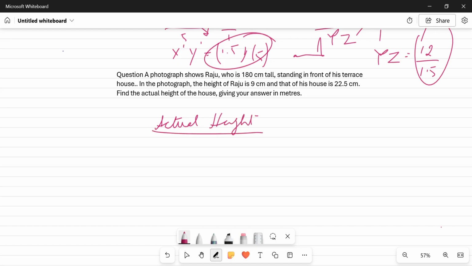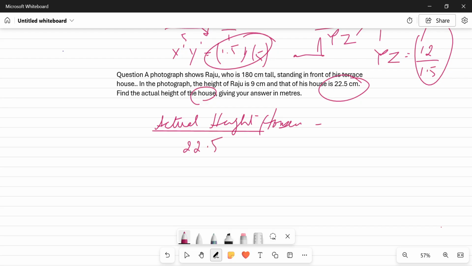Over the actual height, what do we write down? In the previous question, we wrote the corresponding one. Here we are talking about the actual height of the house, so the denominator is also the value of the house, which is given as 22.5 centimeter.